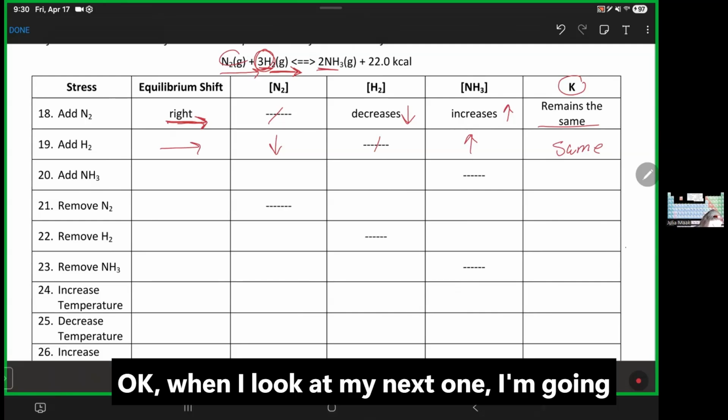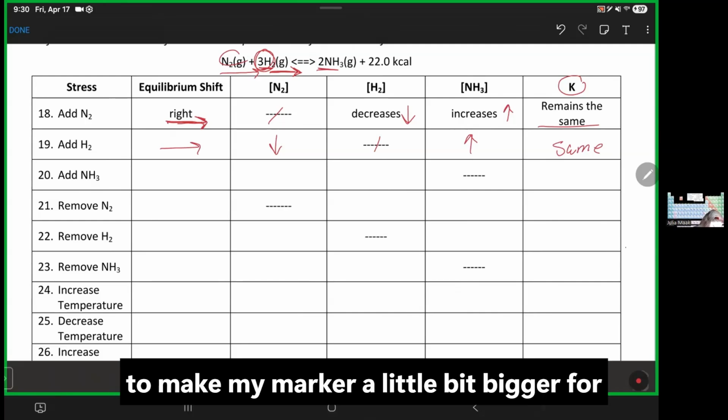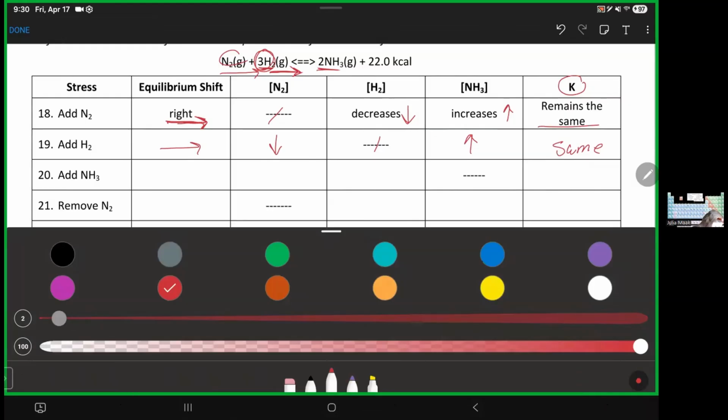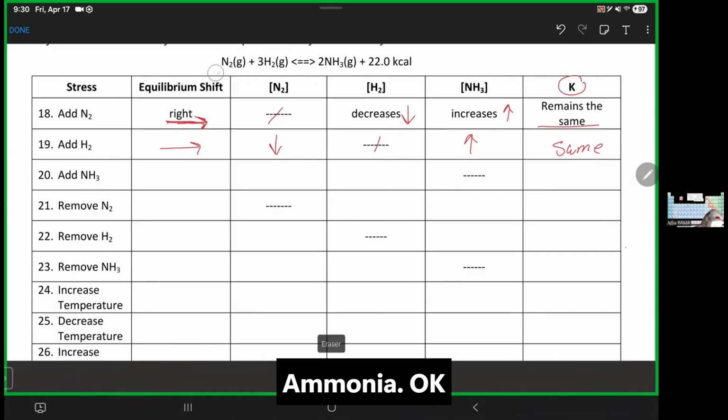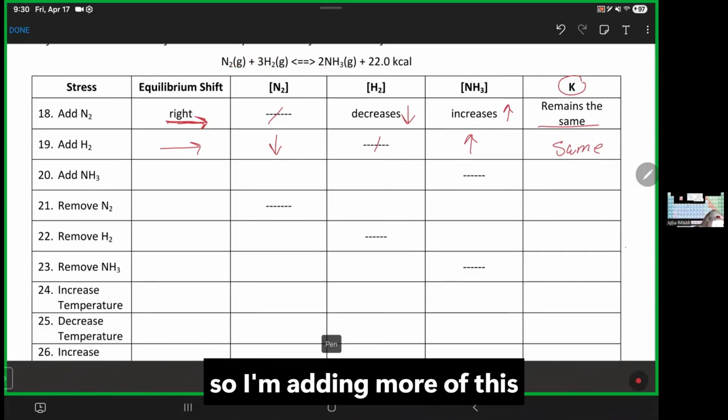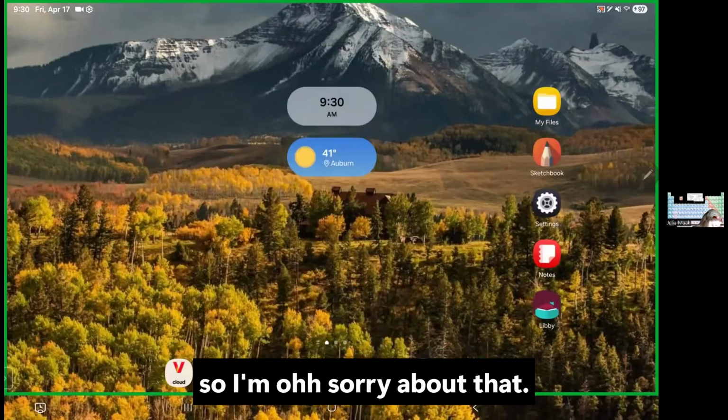Okay, when I look at my next one, I'm going to make my marker a little bit bigger for this. So if I add ammonia, I'm adding more of this.